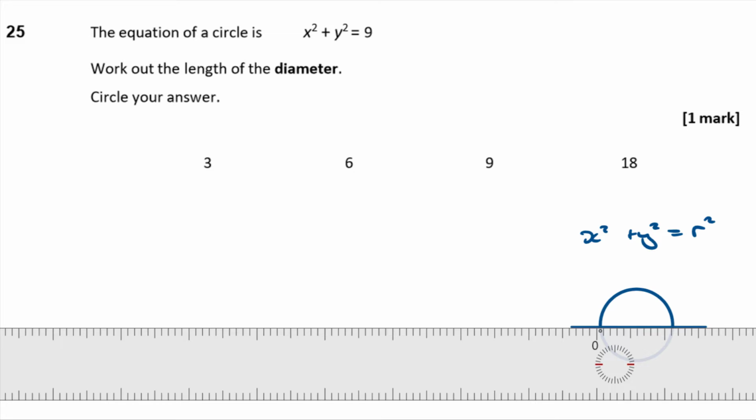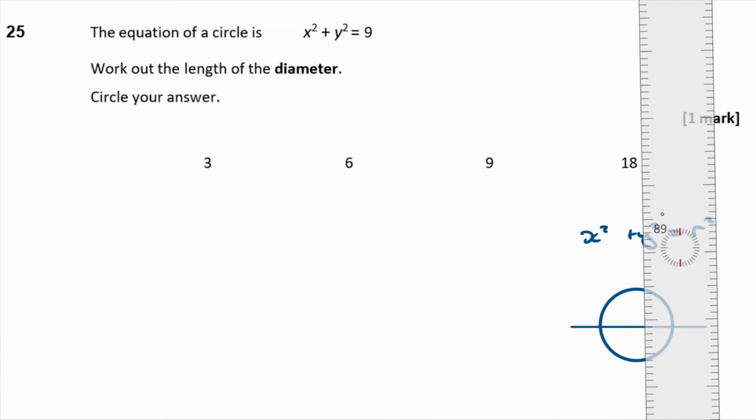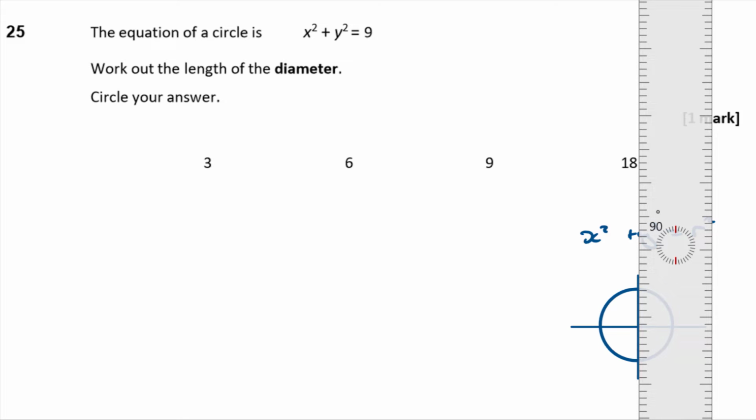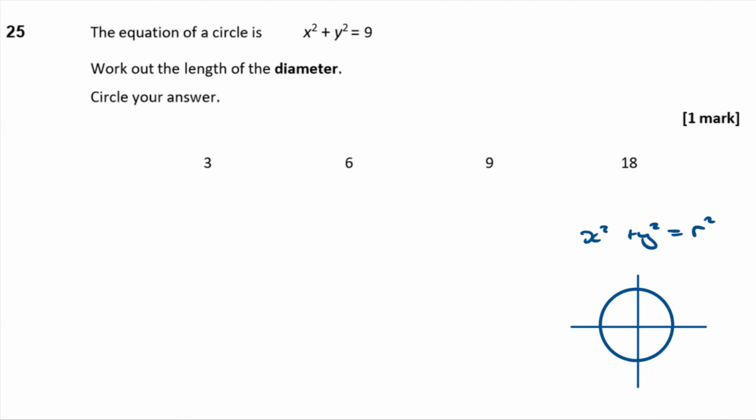So it's going to be like that. So that is 0, 0 in the middle of your circle, and if it's x squared plus y squared equals r squared, then r is the radius of your circle.